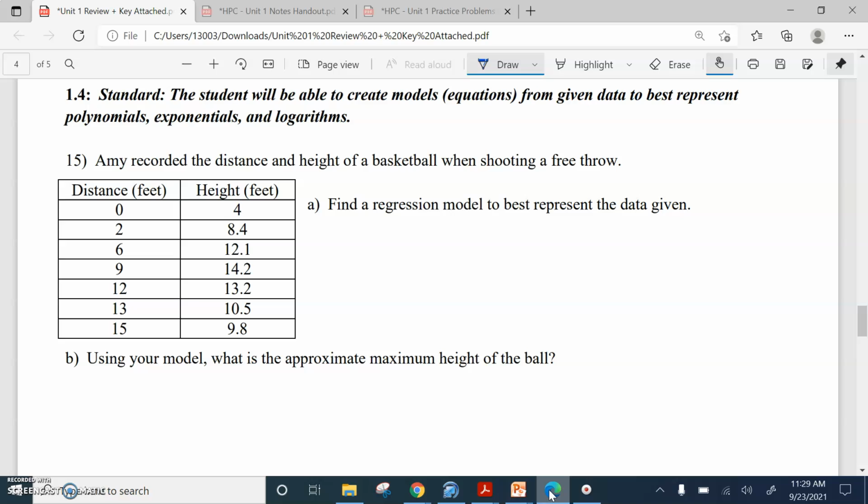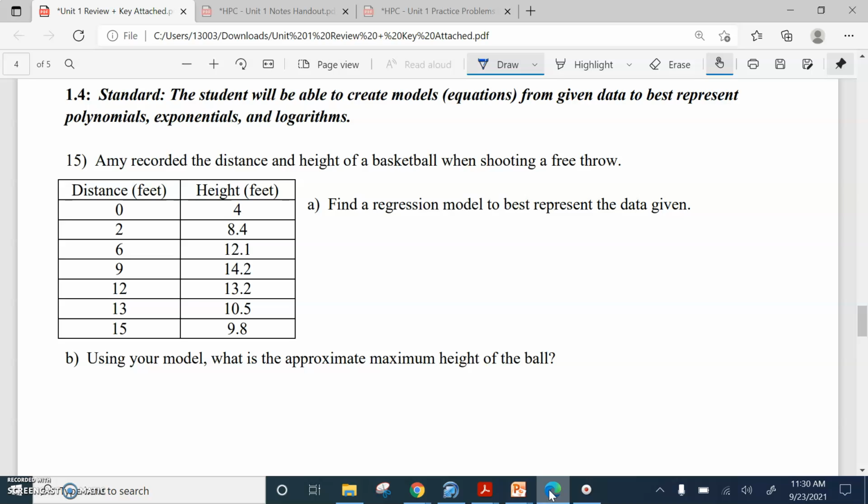Well, I know at the beginning of the unit, or this section, I emphasized use the highest R-squared value, but we're at a point now where we can really start to hone in on what is the real world application being used here. And I'll just come out and tell you, if you didn't hear me say it in class, that anytime we have a bouncing basketball, softball, baseball, whatever it is, if we have a ball being thrown or a ball dropping and bouncing, every one of those is based on a quadratic regression.